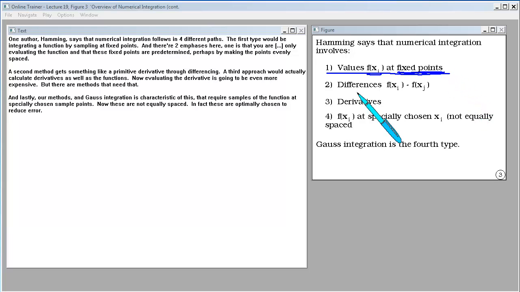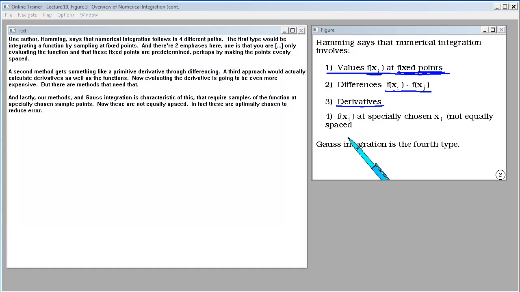A second method gets something like a primitive derivative through differencing. A third approach would actually calculate derivatives as well as the functions. Now, evaluating the derivative is going to even be more expensive, but there are methods that need that.